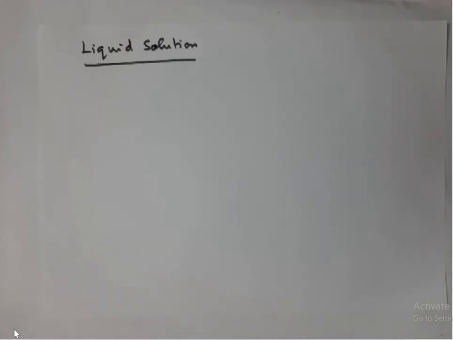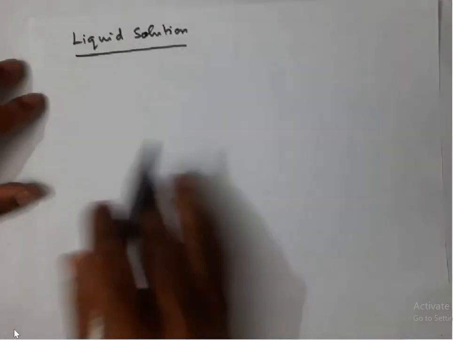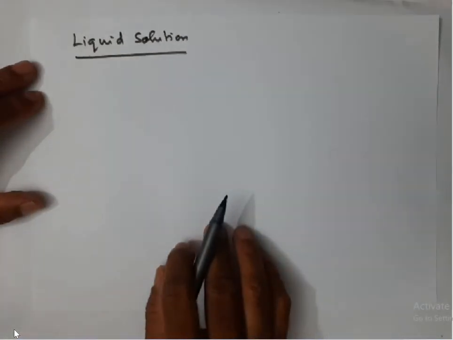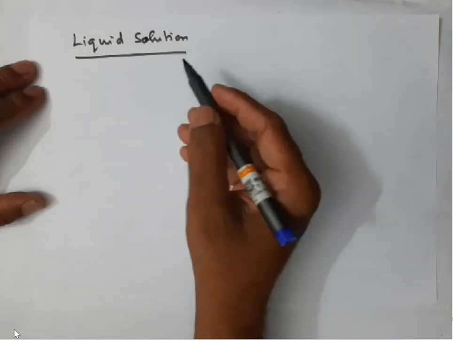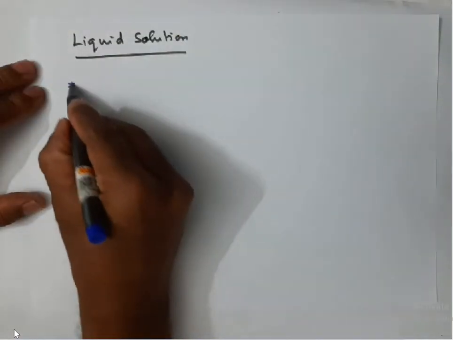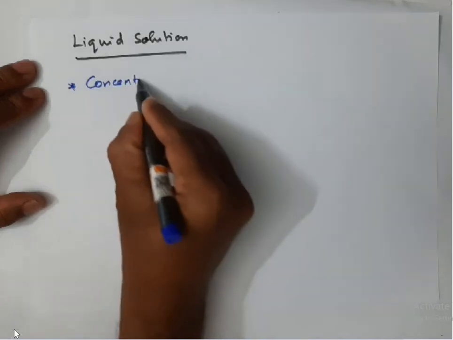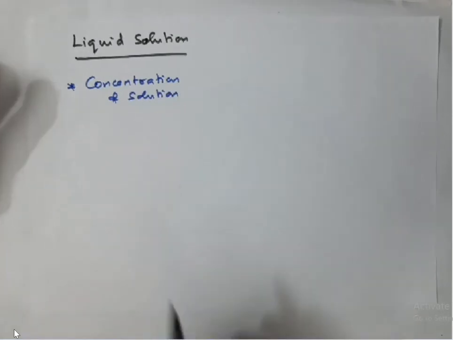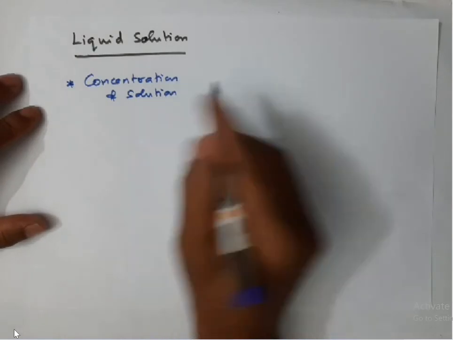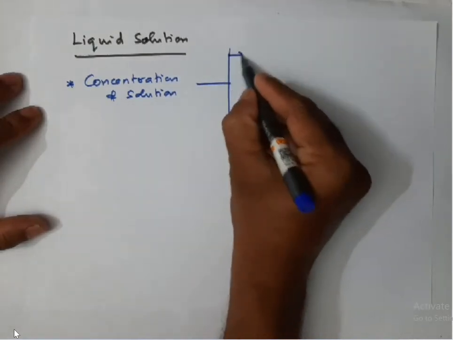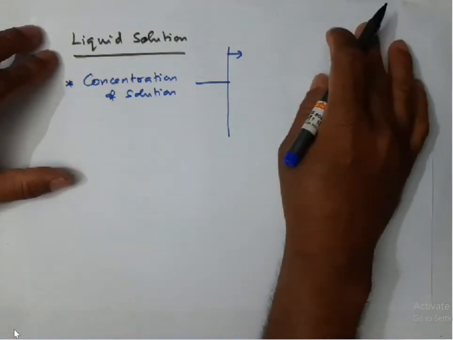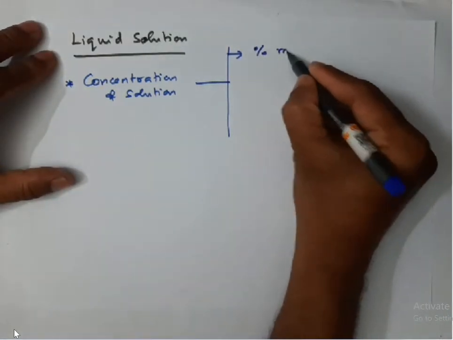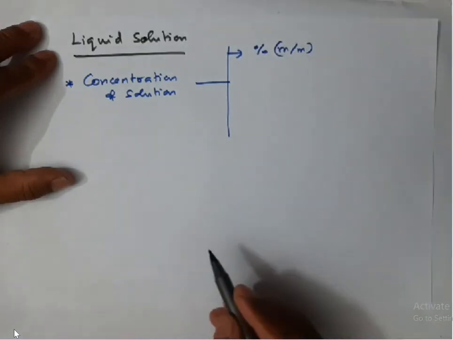Now, before going to learn about vapor pressure and other concepts, let me first give you the methods of expressing concentration of solution. What are the methods we have to express concentration of solution? We can express concentration of solutions in many ways. Number one, percentage mass by mass.